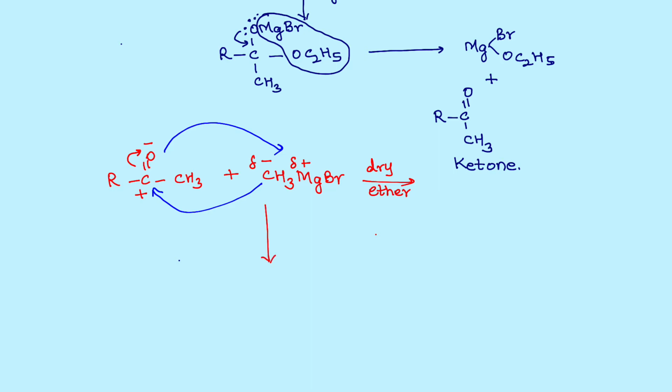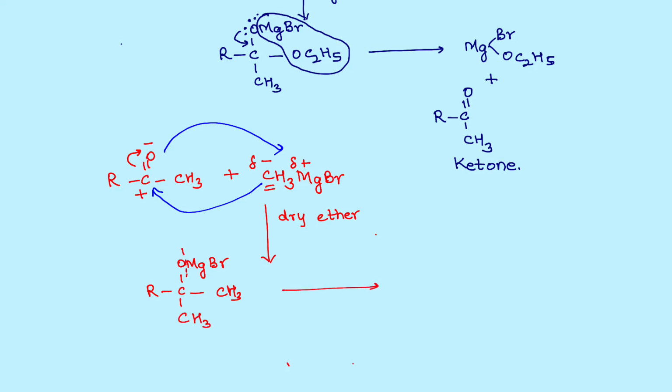I'm going to move it from here, and you can write this reaction horizontally as well. There is no problem in that. So I'll have RCOMgBr CH3, and the second CH3, this one becomes attached here, followed by hydrolysis, H and OH.